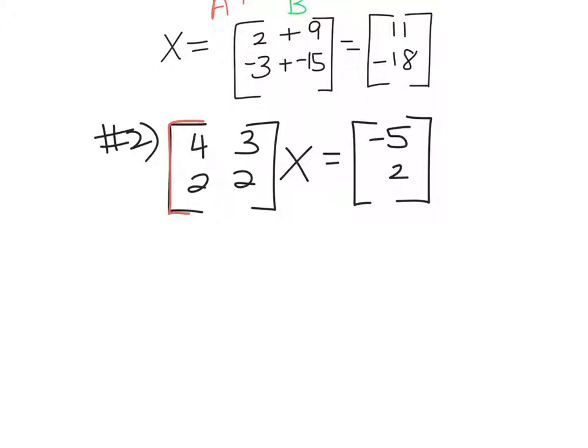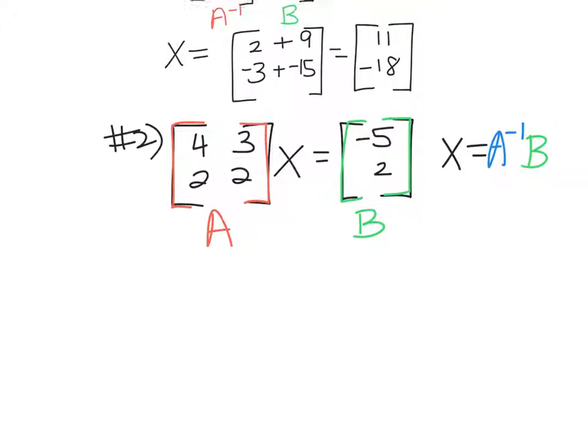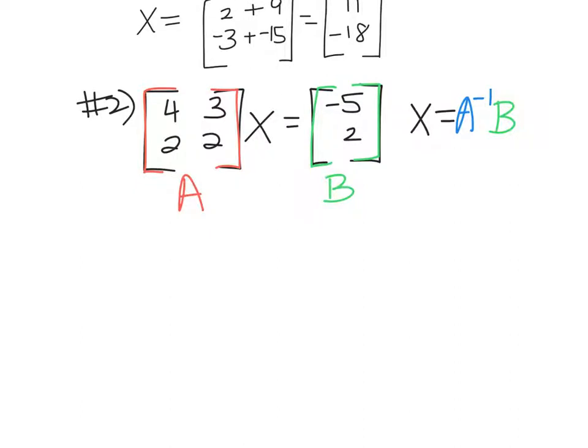This first matrix is matrix A. This matrix over here is matrix B. In order to solve for X, I'm going to do A inverse times B. A inverse, this one inverse, ew, I don't like that at all, times B.